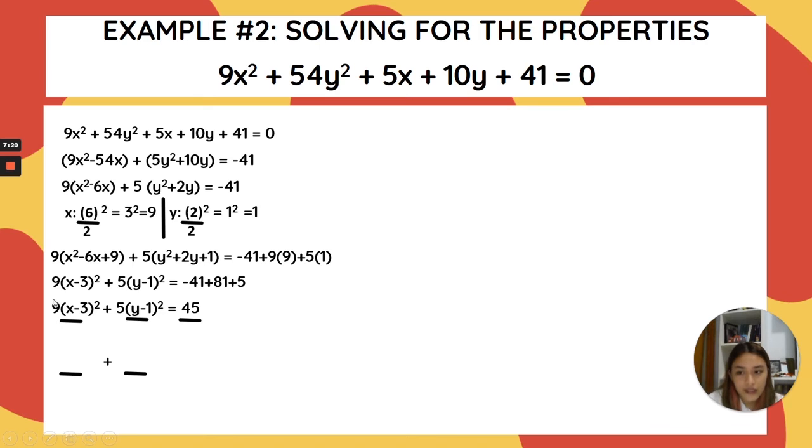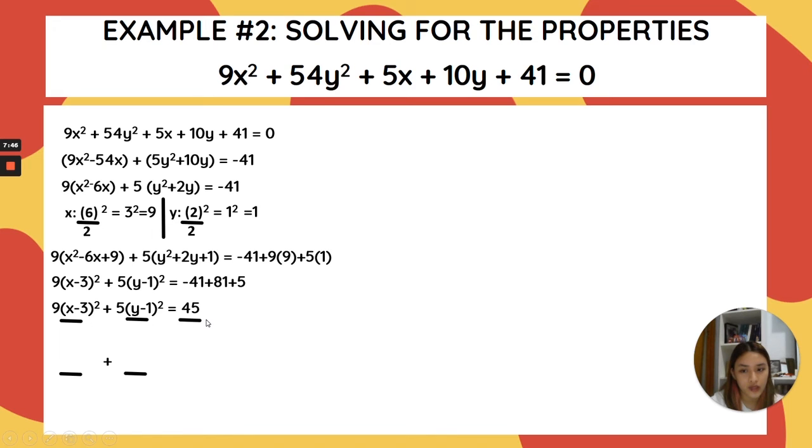We will have 9 times x minus 3 quantity squared plus 5 times y minus 1 quantity squared equals 45. And then remember that the right side should be equal to 1.